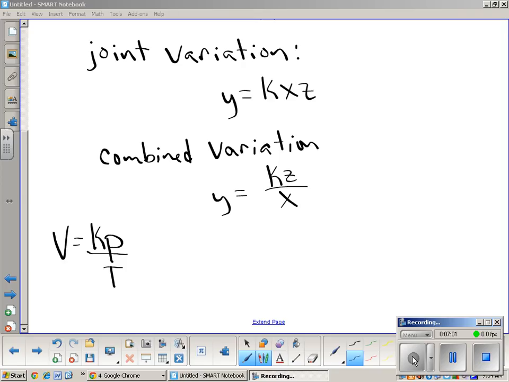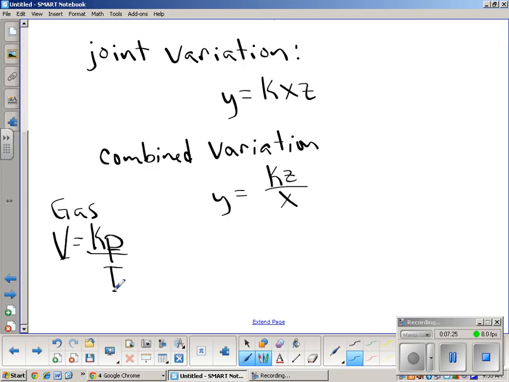So we're talking about the volume of a gas. We just said that the volume varies directly with the pressure and inversely with the temperature. Again, that was because as the temperature drops, you're allowed to have more gas in your container. But as the pressure increases, you get more and more gas.